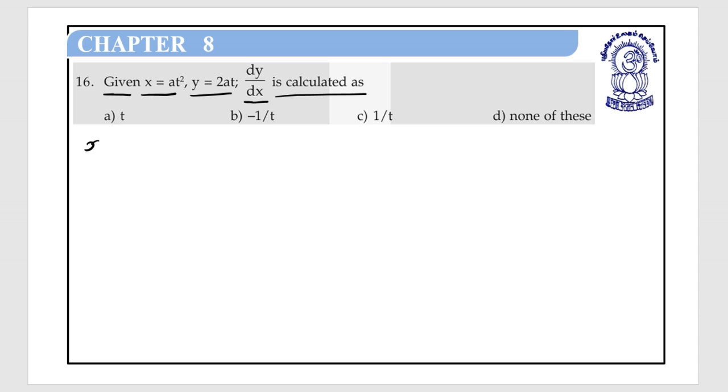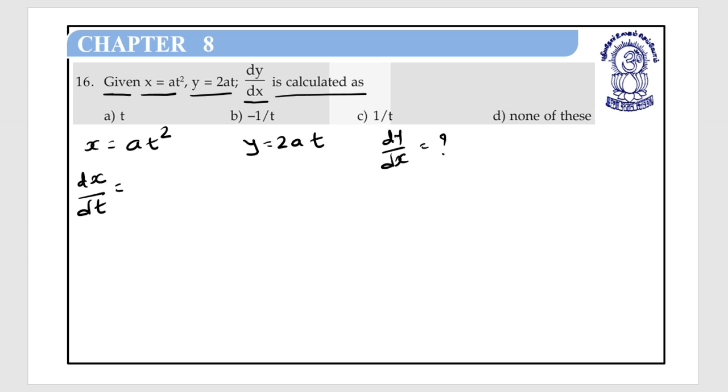What we have to find out is dy by dx. So here, dx by dt, differentiation of x with respect to t, because x is a function of t.